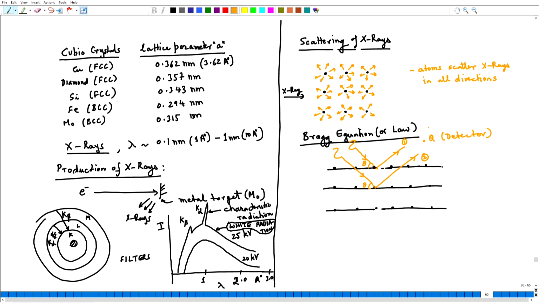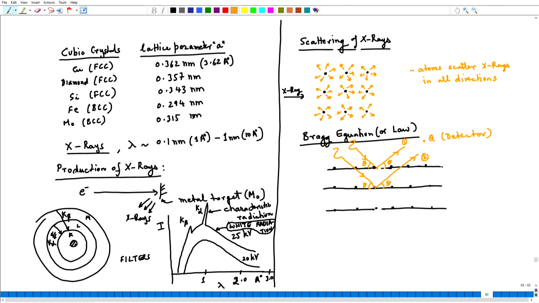So, the diffracted beam or the scattered beam will look in a direction which is also at an angle of theta. So, it looks like as if it is a reflection, but it is not a reflection. Please make a note of it, it is a scattering process, and we want to find out what is the resultant wave at the point Q, whether there is going to be constructive interference or destructive interference, as I had discussed in the last lecture.